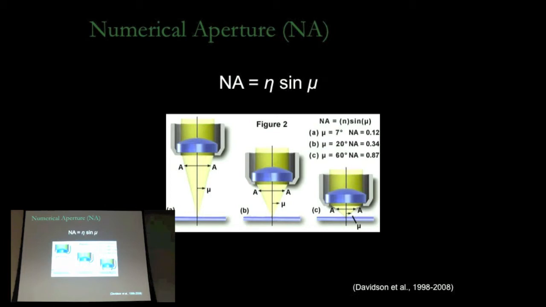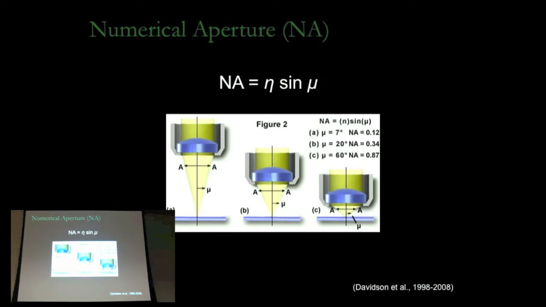If your objective could collect over a full 180 degrees, that half angle would be 90 degrees. The sine of 90 is 1, and the index of refraction of air is 1. So if you were collecting a full 180 degrees with air, you'd have an NA of 1.